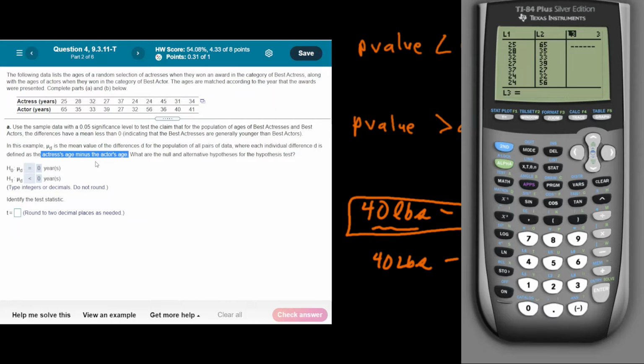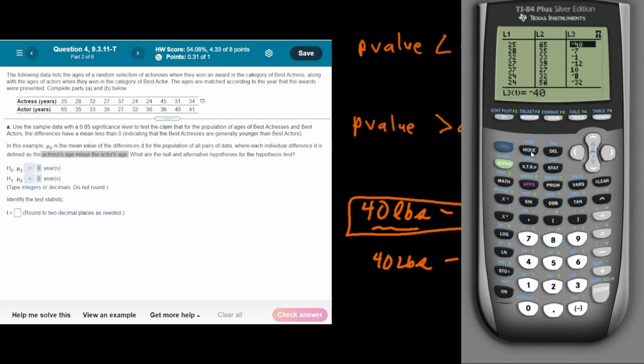So the actresses we used are L1, so it's going to be L1 minus the actors, L2. So second L1, minus, hit the second button, L2. Hit enter, and that's what we're going to use.